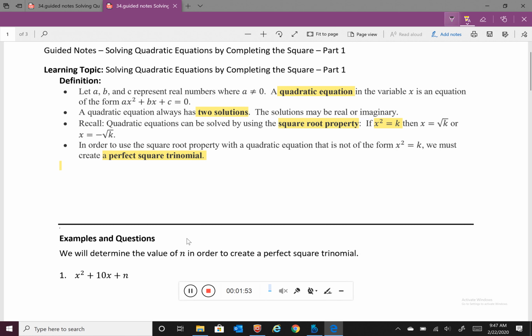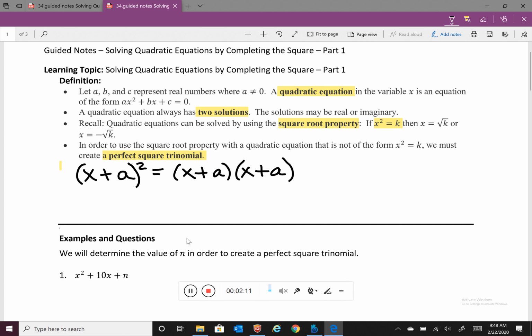let me get into pen mode, either x plus a value, a, quantity squared, which means x plus a times x plus a.